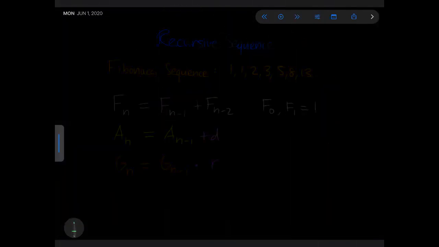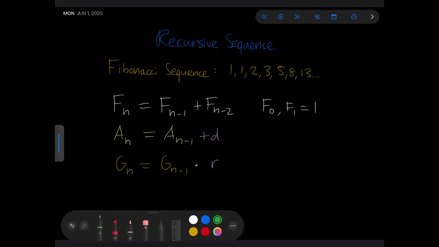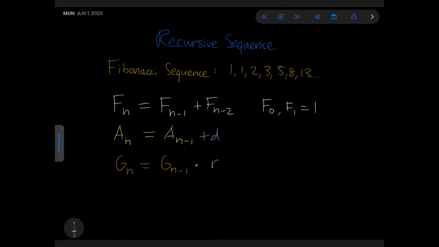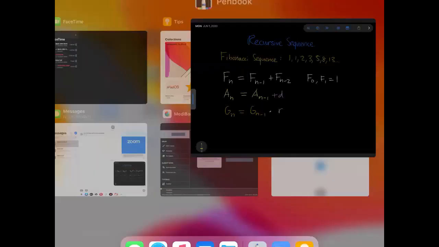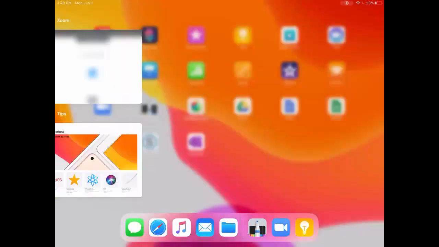If you notice our Fibonacci expression, this is growing roughly exponentially, right? In fact, if we continue the sequence, we get, my pencil has stopped writing. I'm going to exit out of the app and see.